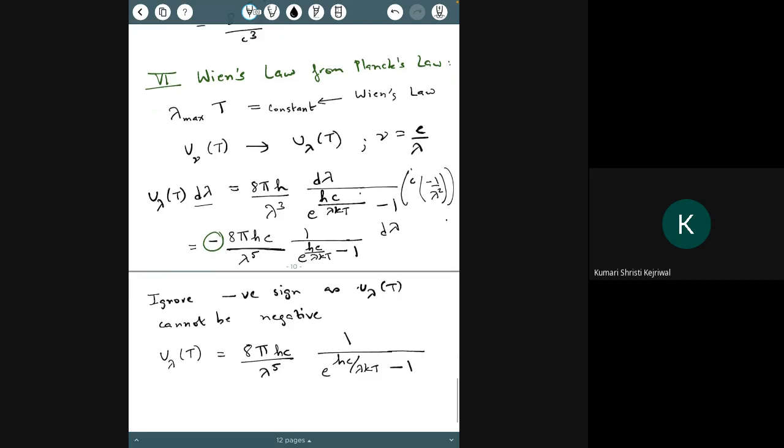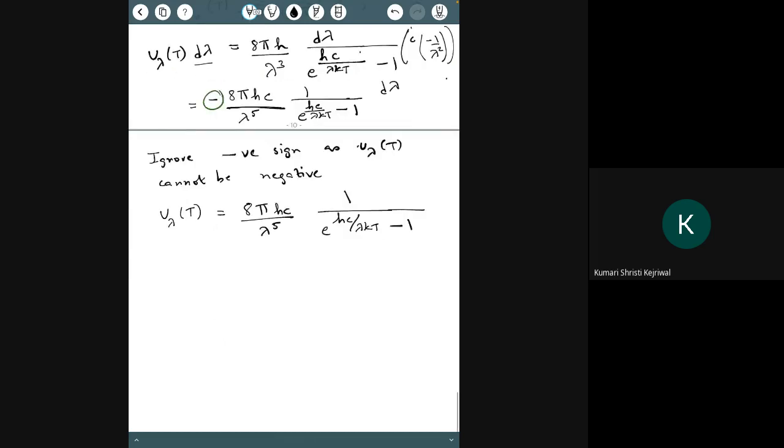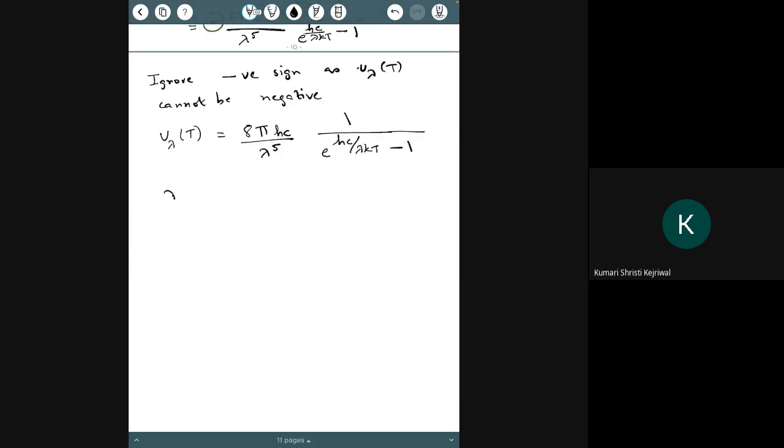Now our task is to find the maximum of this function. So I want to find out lambda max. So I do d by d lambda of u lambda t. This is a little bit tedious because there are so many terms. So we get minus 5 by lambda to the power 6, multiplied by this factor which is unchanged.